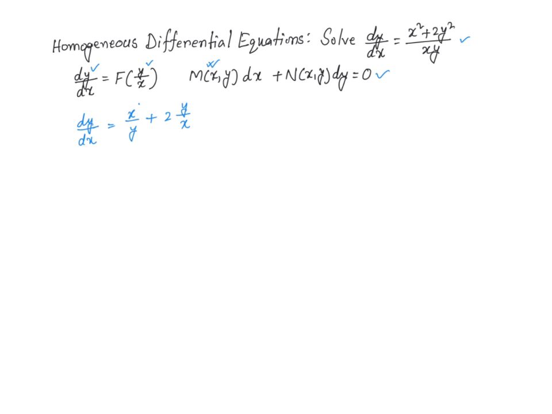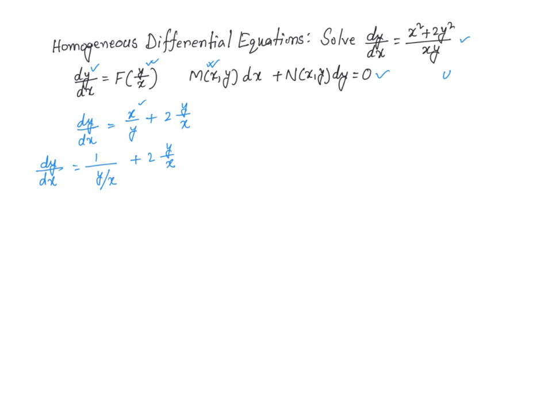The right hand side is not exactly in the format y over x. However, we can convert it. We could write dy over dx is equal to 1 over y over x plus 2 times y over x. Now I can do the substitution.